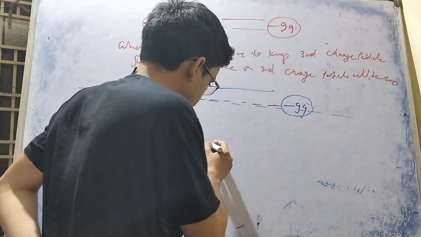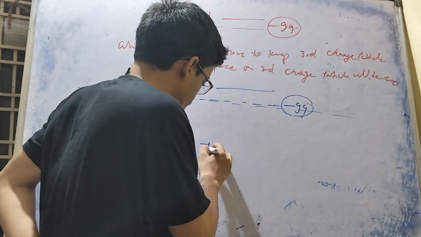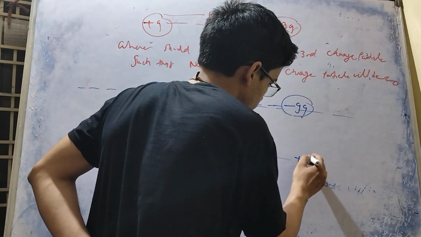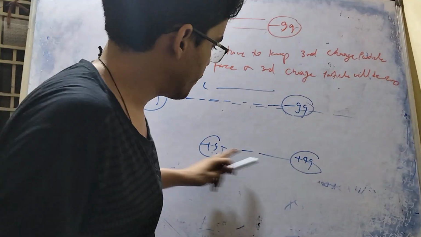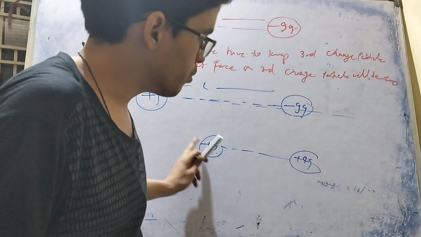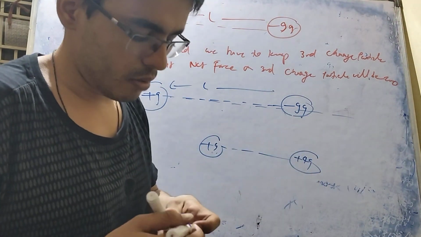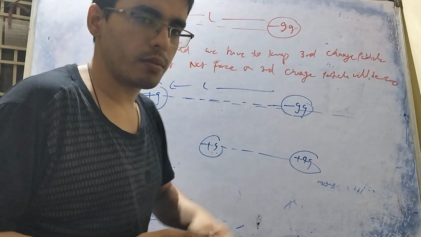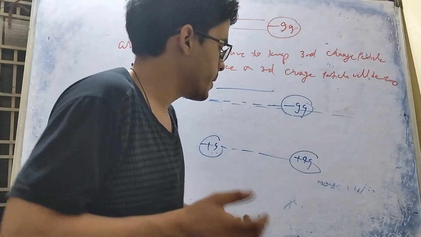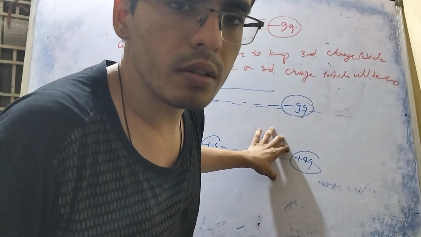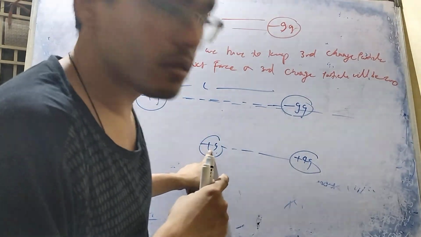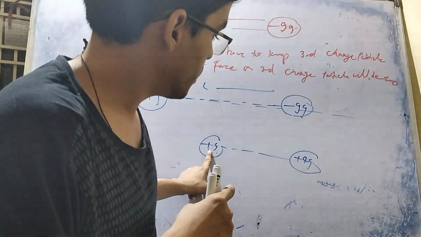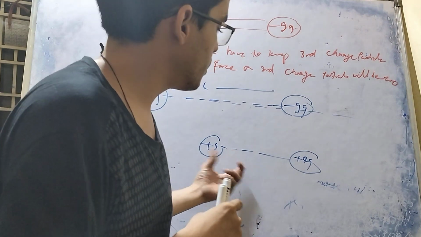You already observed in case of plus q and plus 4q. I want to tell one trick here. If both charges are the same sign, plus q plus 4q, same sign, here equilibrium position will exist near the plus q, near the smallest charge, but on the right side, means between the given charges.